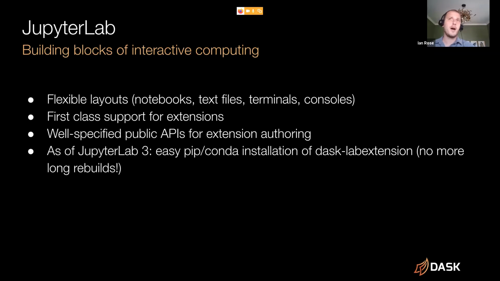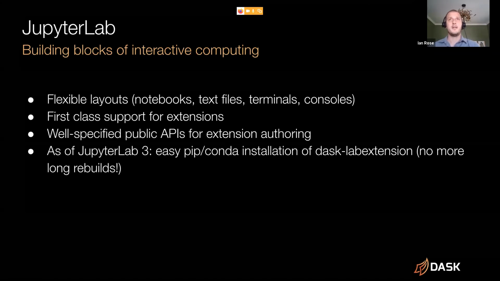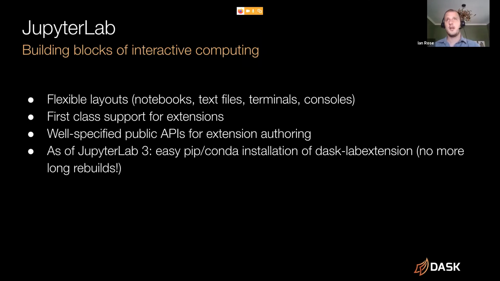For a while, Jupyter Notebooks had the ability to do things like open terminals and text files, but they weren't really very integrated into the user experience. They were often hidden. People didn't really know where to find them. There were also a lot of extensions that had very organically grown up around the Jupyter Notebook interface, but these extensions were using semi-private APIs. There was very little API stability.